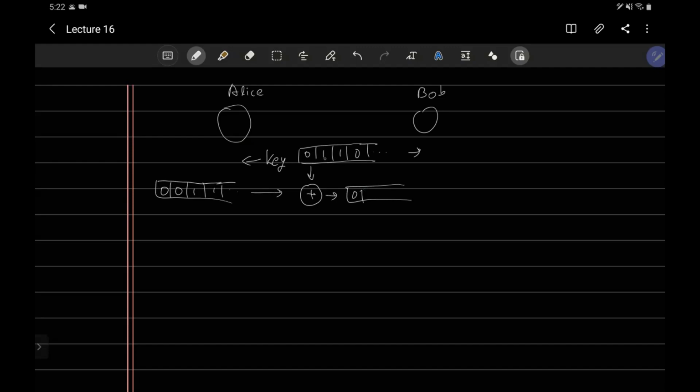But if the key value is 1, then the bit will be flipped. The second bit in the key is 1, so the second bit will be flipped. The third bit in the key is also 1, so the third bit will be flipped. The first bit in the key is 0, so the data won't be flipped.